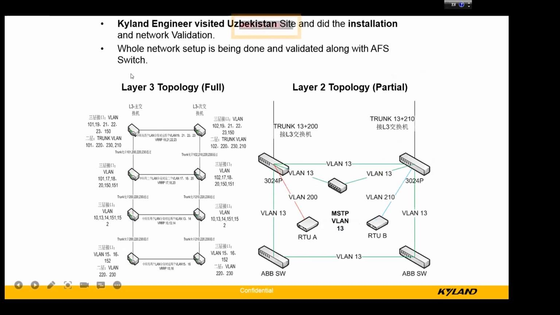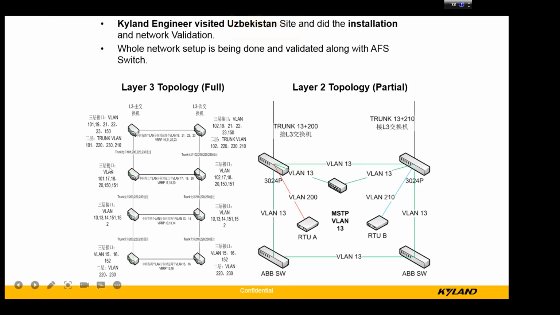And this is the topology of the network. The network has 4 layers, and the top layer is 2 core layer 3 switches, located in the control center room. And there are another 3 regions.